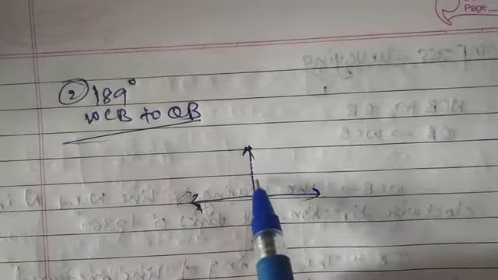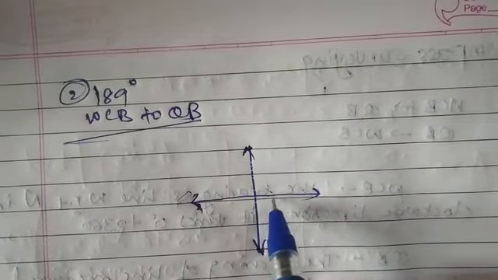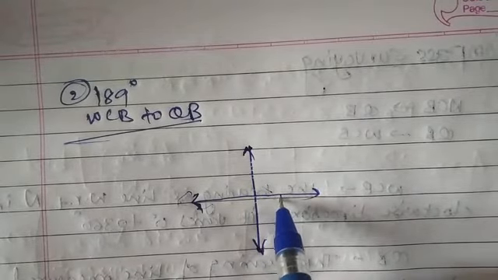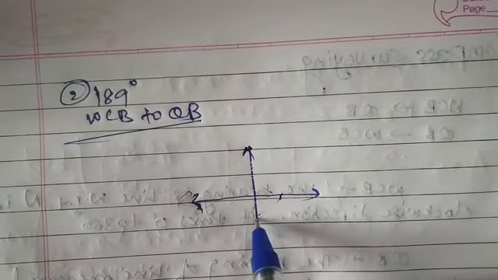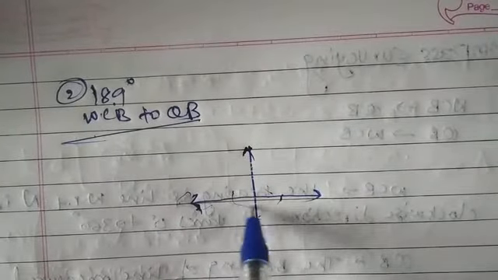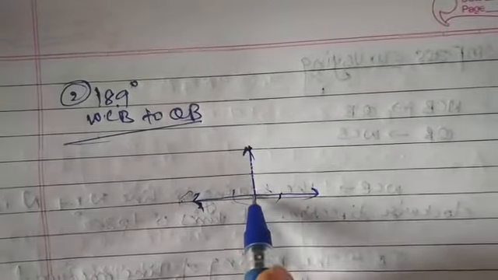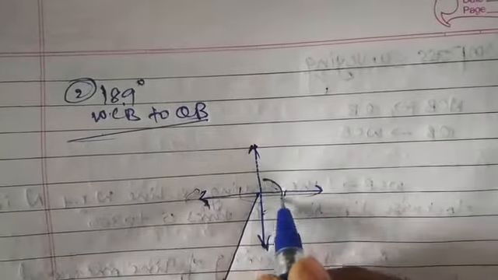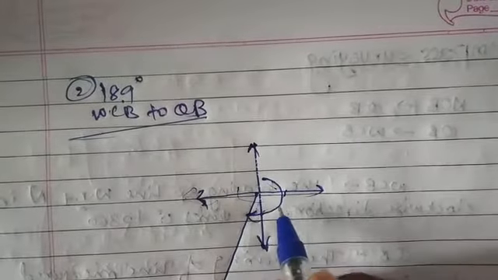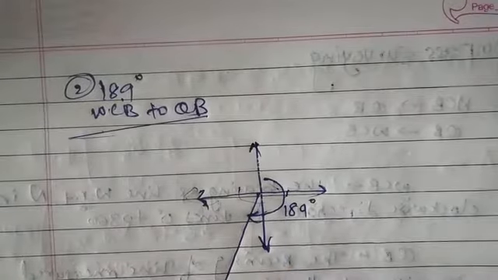In the first quadrant it is 0 to 90 degree, the bearing for the second quadrant is 90 to 180. So it is above 180 and less than 270, which means it lies in the third quadrant. So this bearing is given to us and it is 189 degree.